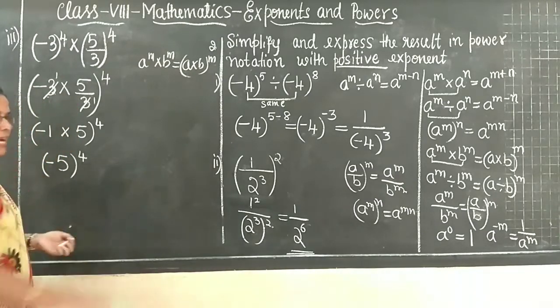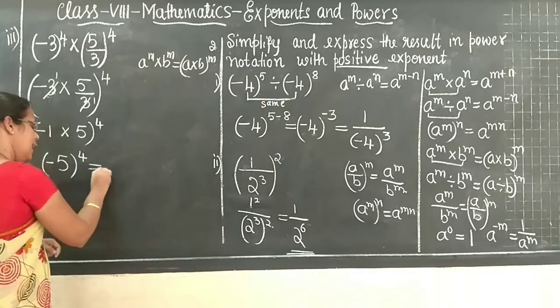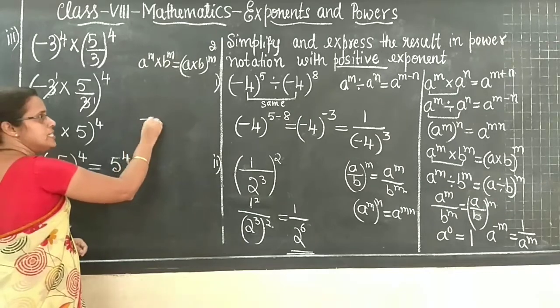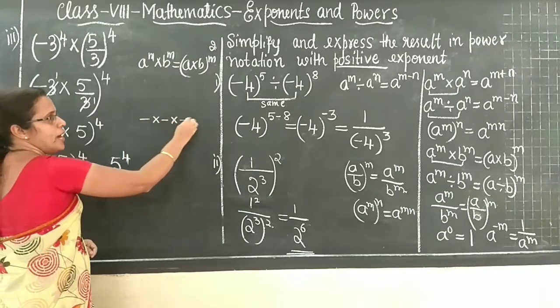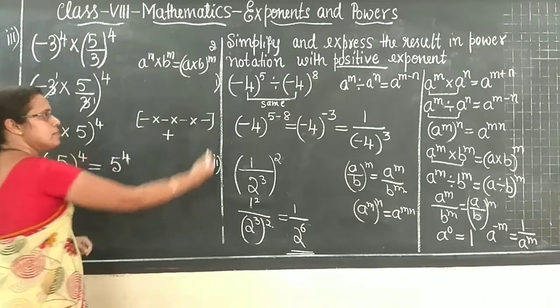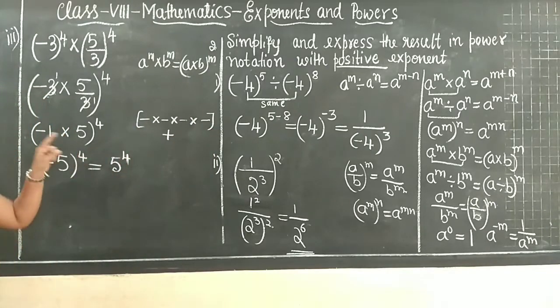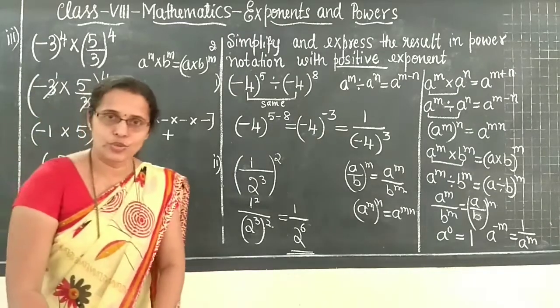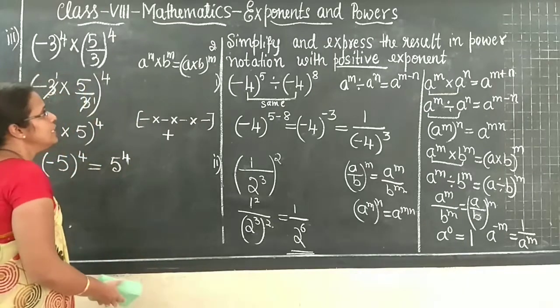Whichever way you want, you can write it in the examination. So it is becoming 5 to the power 4. Minus multiplied 4 times will become plus. That's why I wrote plus 5 to the power 4 here. Hope you all understood. So now let us move to the next problem, children.